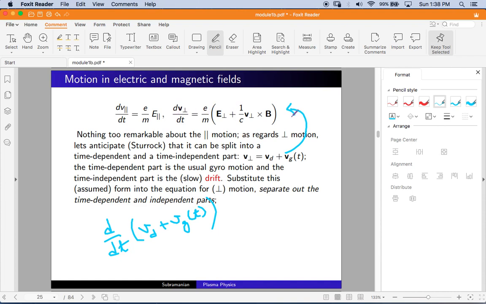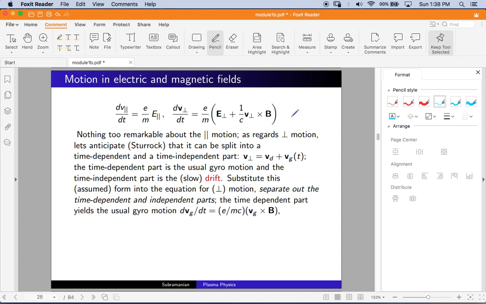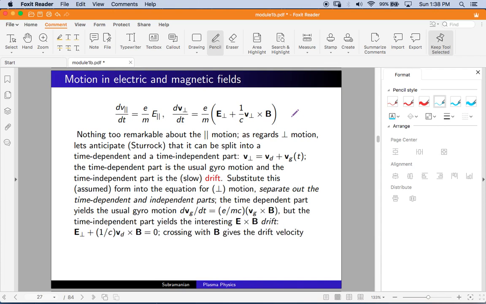You equate the LHS and RHS, time dependent with time dependent, time independent with time independent. The time dependent part yields the usual gyro motion. The time independent part yields the interesting E cross B drift. The 0 is from here because d over dt of Vd is 0.